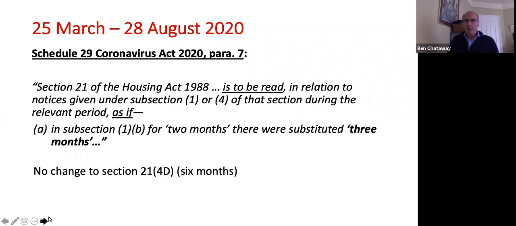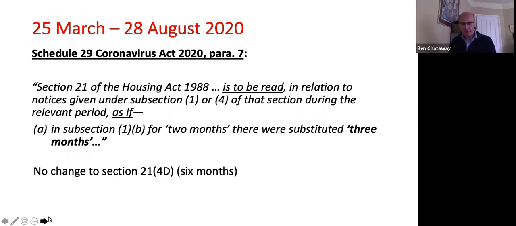This rule was applied under the Act for what's called the relevant period, which was originally March to September. And so the way it was phrased was, I think, to make it clear that this wasn't amending the Housing Act indefinitely. It was just saying during this relevant period, you read it as though it said something else.